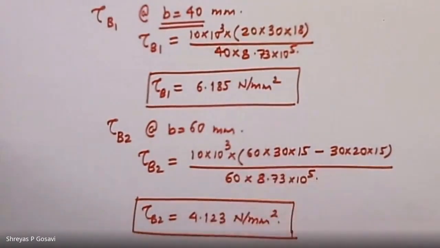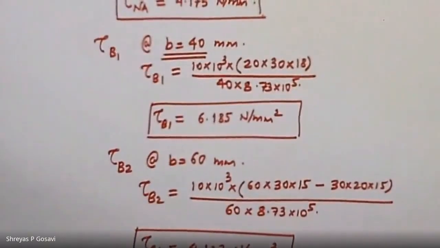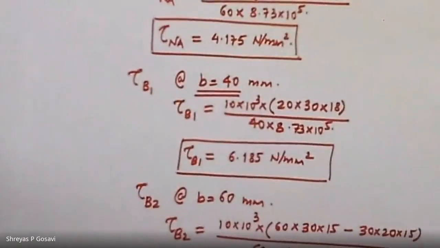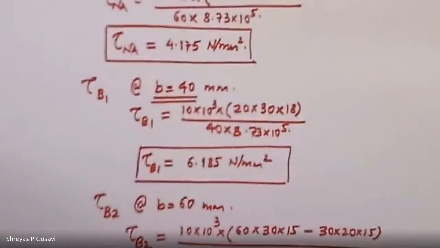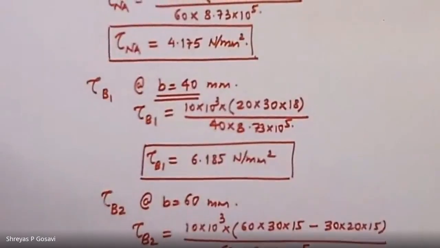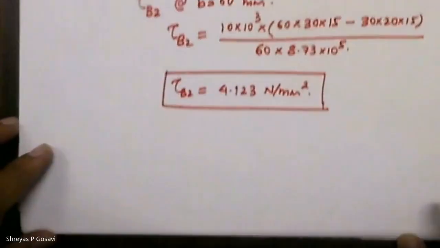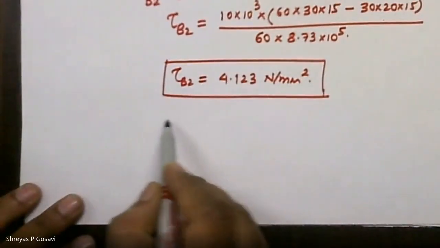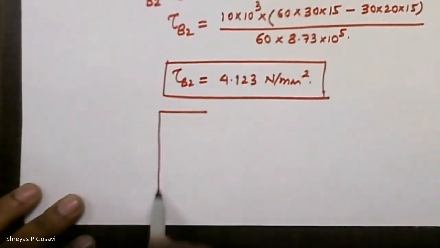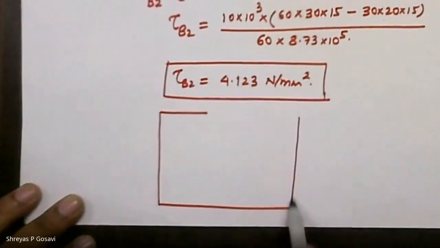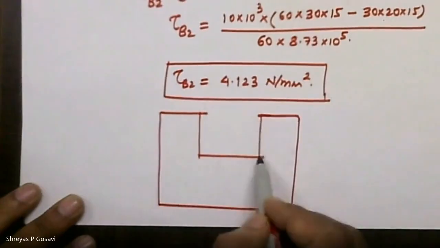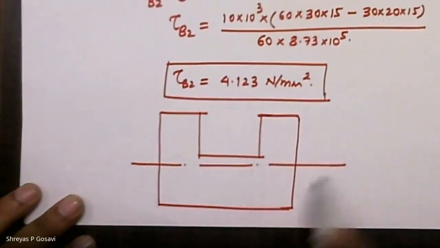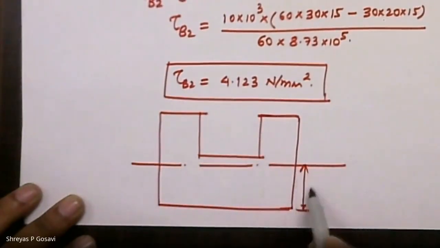Now we have the values of the shear stress at the critical points. Now we'll plot the shear stress distribution diagram. This is the location of neutral axis, which is at 27 millimeters from the base.